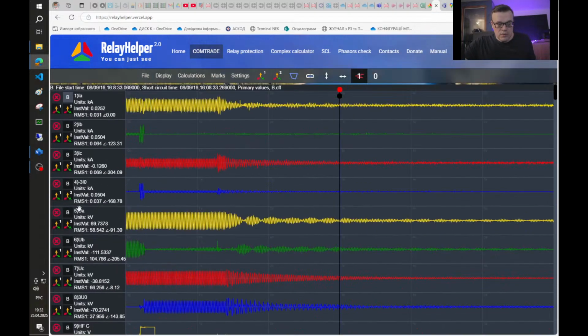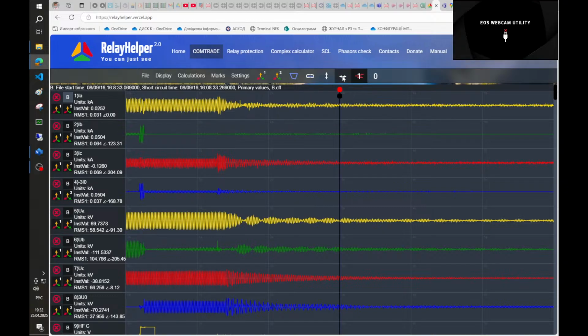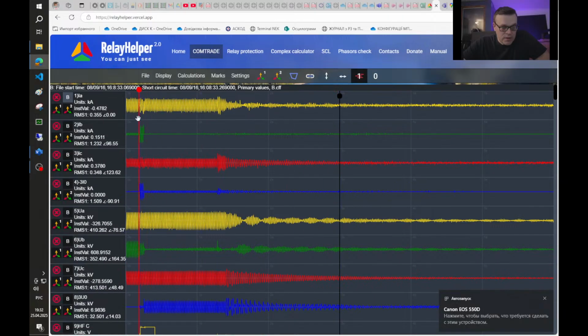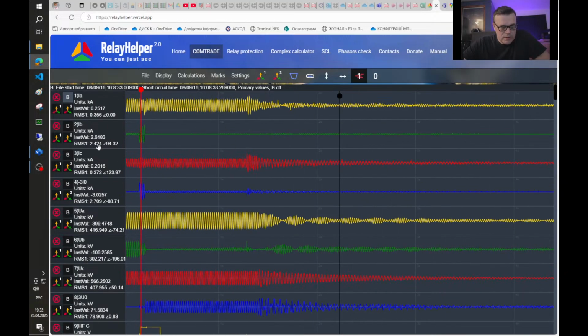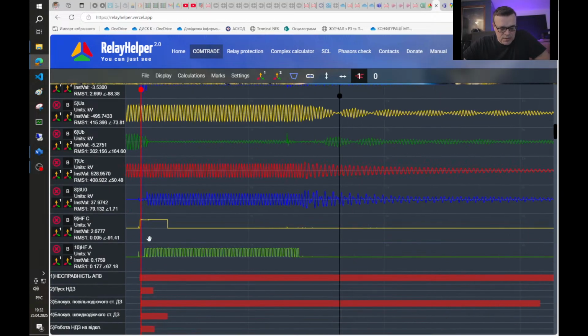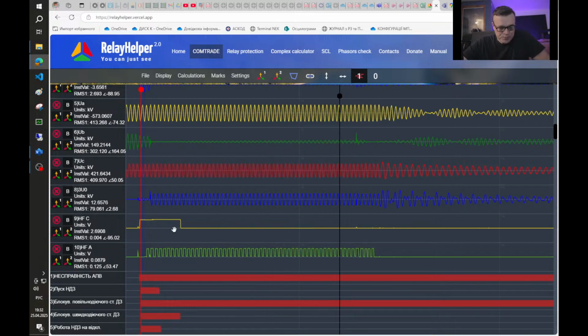So let's look. Let me switch on my camera. From the substation B side, the picture is pretty much the same, but I want to show these high frequency signals from the main protection.